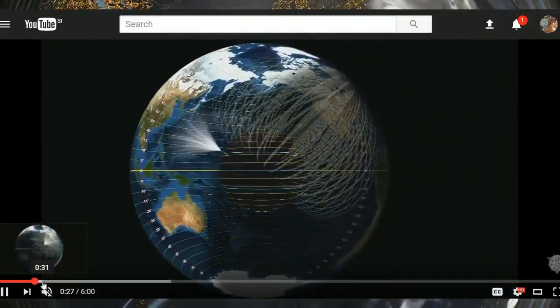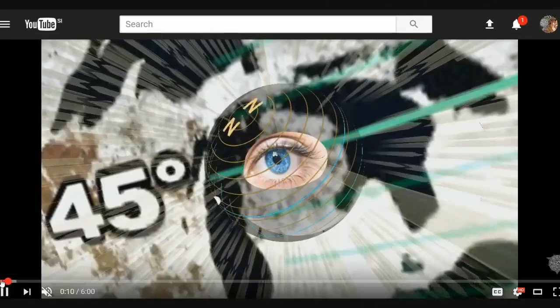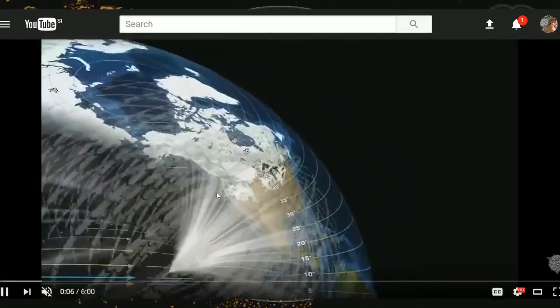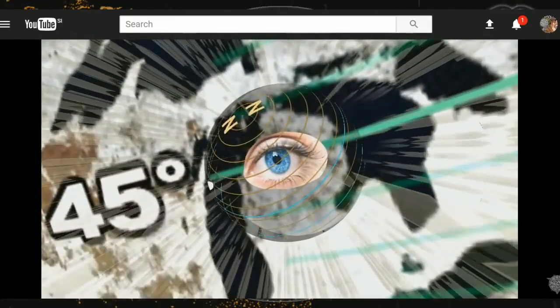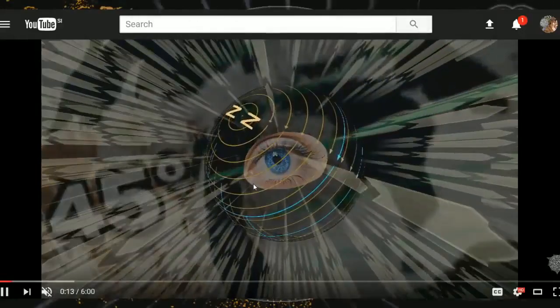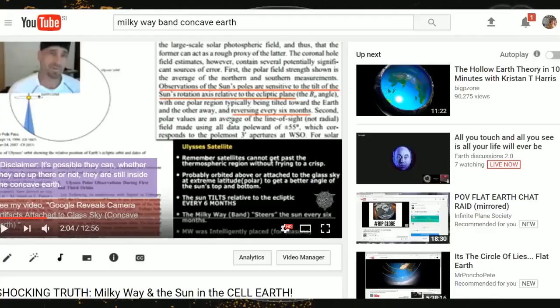So, the indications are based upon personal observation, based upon these slight little clues that help you understand that the sun has a flat back dark side. The magnetic field lines also give indications of that. And so there's my Milky Way video where I talked about the Ulysses satellite and the sun reversing every 6 months.